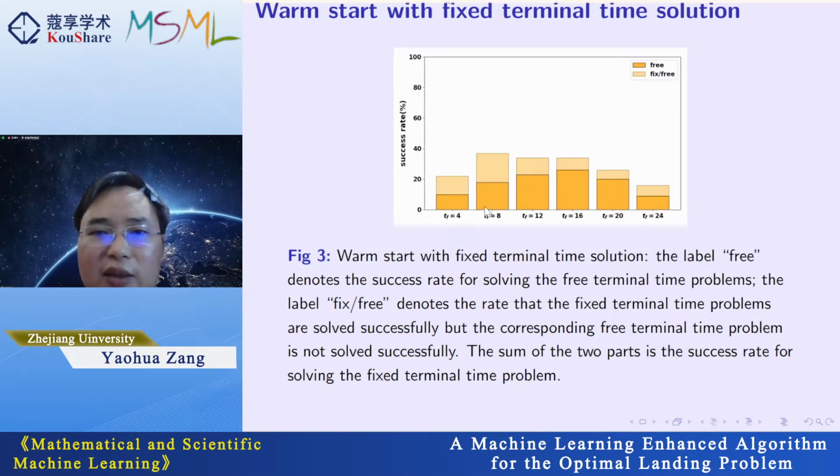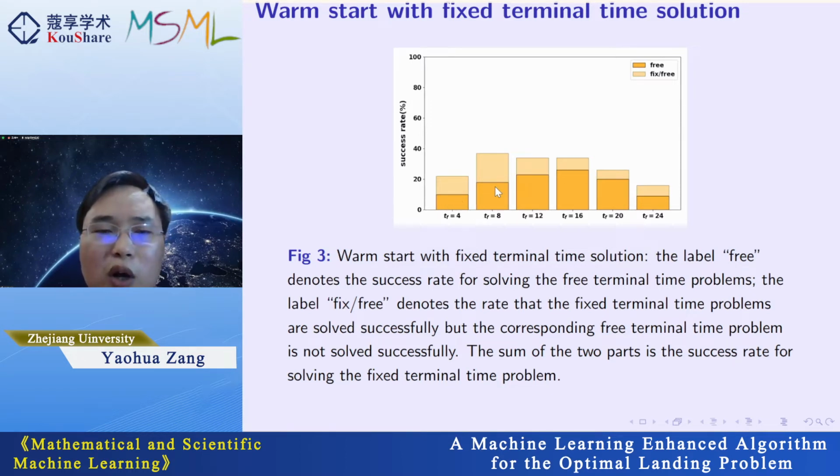This indicates why the success rate for solving the free terminal time problem is always less than the success rate of solving the fixed terminal time problem. There is another piece of information we can see from this figure: the success rate of solving the original free terminal time problem gets improved. However, this result is still far from good.